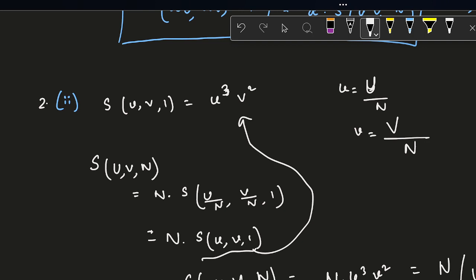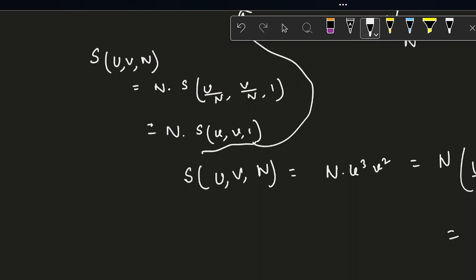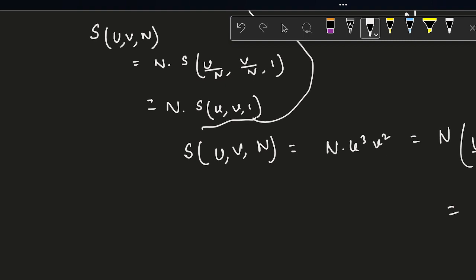So it is basically N times capital U cube, capital V squared divided by capital N to the power of 5. So you get your total function of entropy in terms of variables U, V and N as U cube V squared by N to the power of 4.